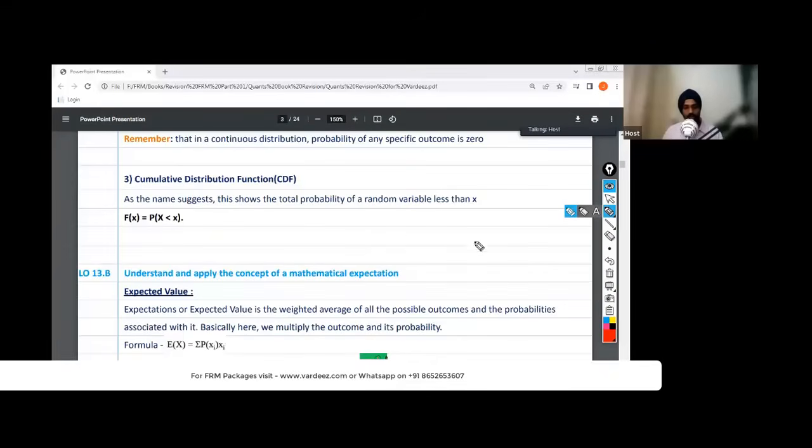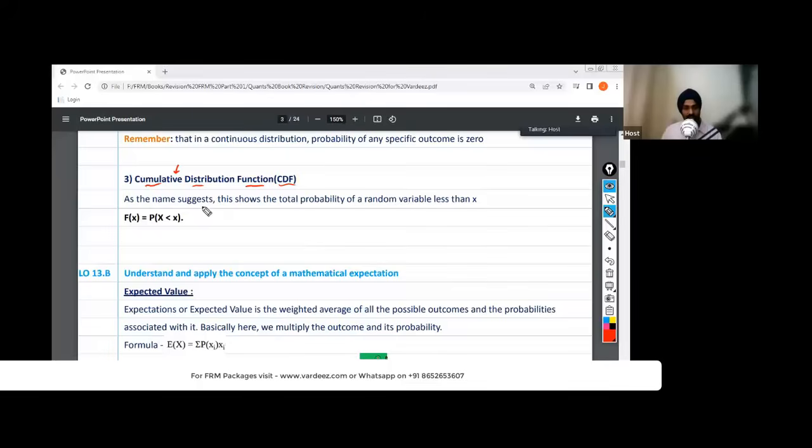Moving on to the cumulative distribution function, which is also known as CDF. As the name suggests, it's a cumulative distribution function. So cumulatively, when you add up all the probabilities, how much is that? That is what the CDF will answer.